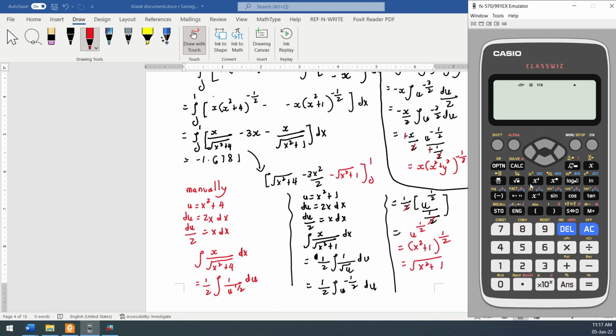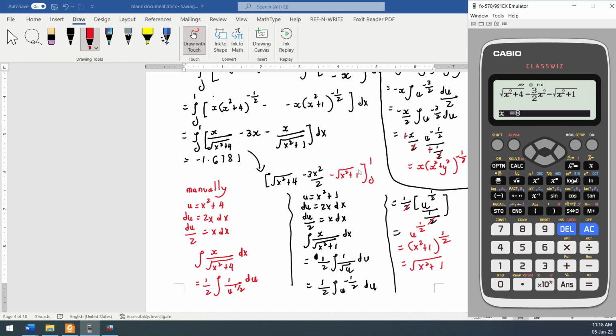Key in here square root of alpha x squared plus 4, because I have no space to write, minus 3 over 2 alpha x squared, and then minus square root of alpha x squared plus 1.